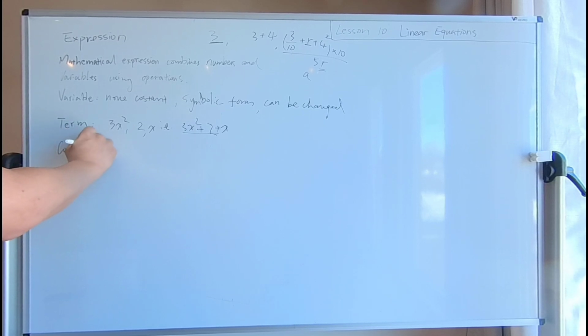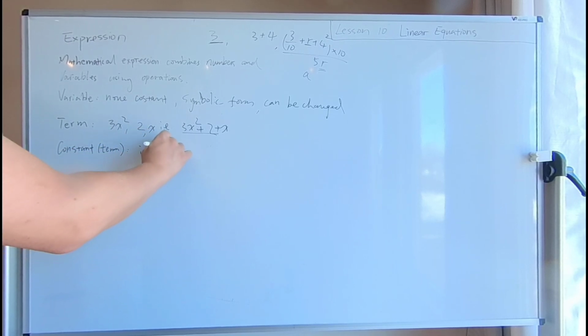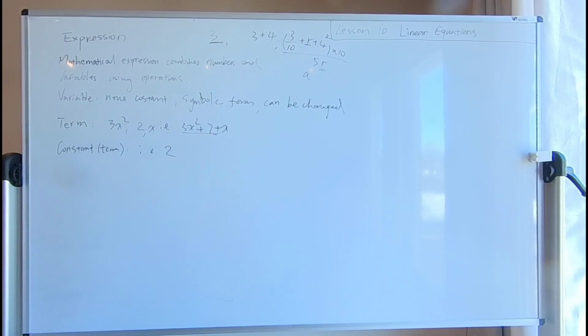There's a constant term. We sometimes just call it constant. It really means constant term. For example, 2 from this expression is a constant term. The constant term is relatively simple; it's really just a constant. But for a term that contains a variable, it seems a bit complicated because sometimes it looks different.